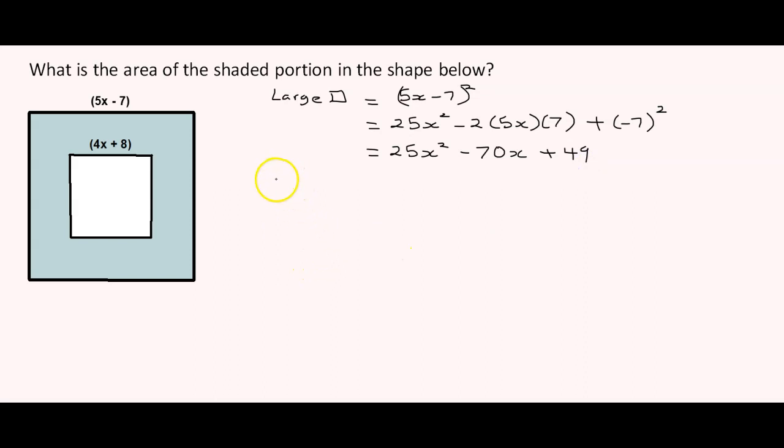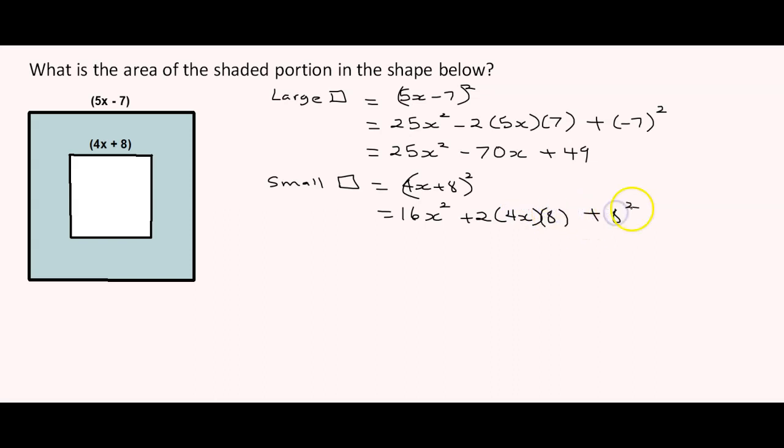And then for the small square, we're going to end up with 4x plus 8 squared, which is going to be 16x squared plus 2 multiplied by 4x multiplied by 8 plus 8 squared.